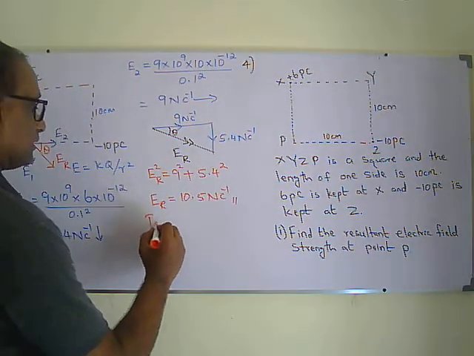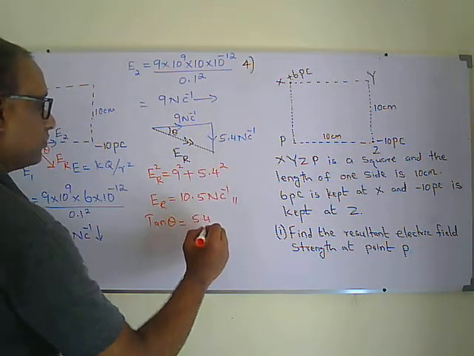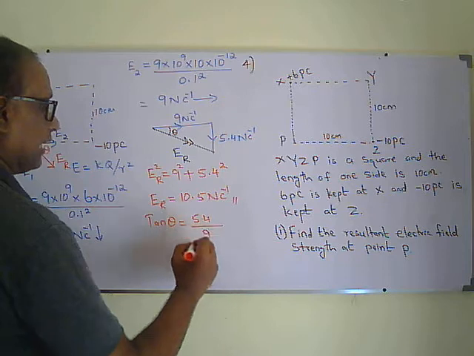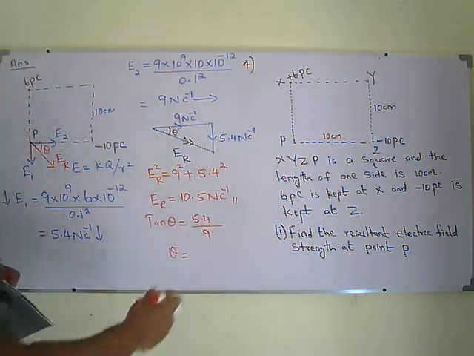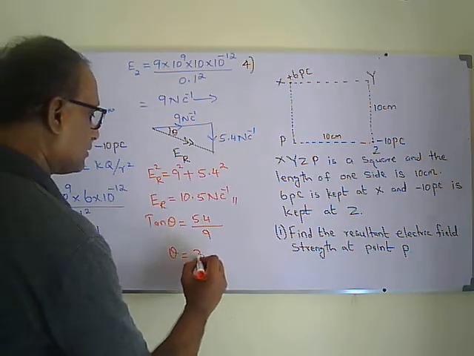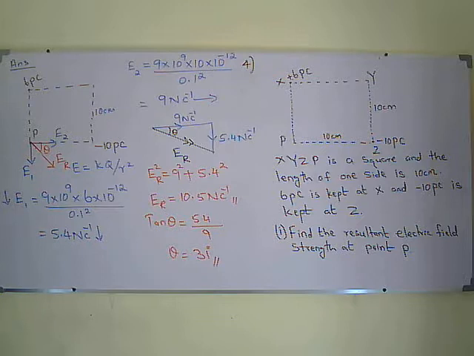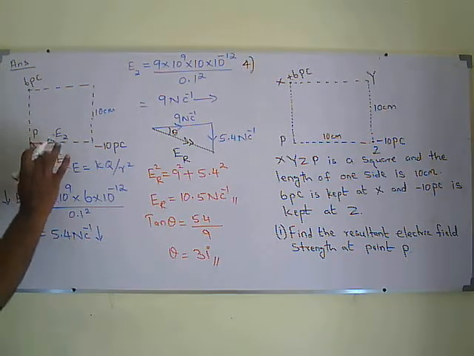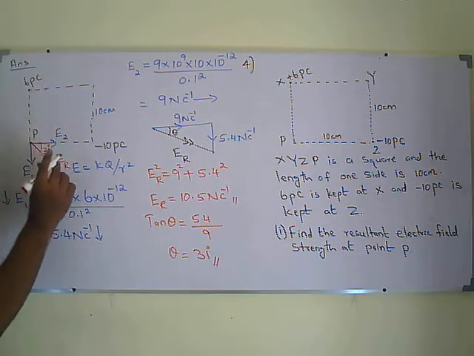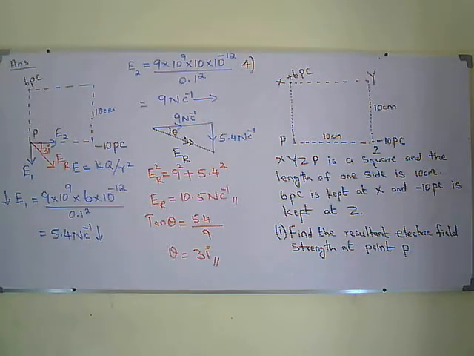Tan theta equals opposite 5.4 over adjacent 9, and take the inverse. You will get almost 31 degrees. So that's the direction: 31 degrees, and the value is 10.5 Newton per Coulomb.